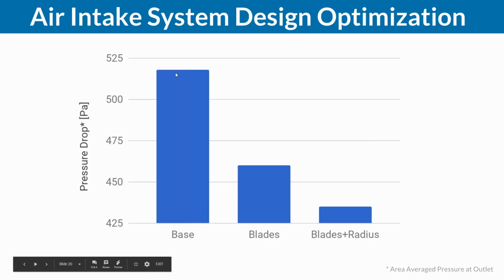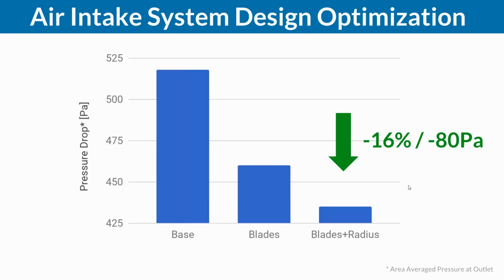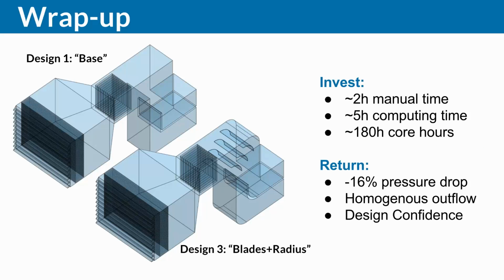And we can see that from the baseline design to design 3, I could reduce it by a little bit more than 80 pascals, so 16%. And coming back to the initial line of thought, we knew that 250 pascals was a huge difference to the bottom line of the operator of the gas turbine. And so in that case, it's 80 pascals. So a significant improvement.